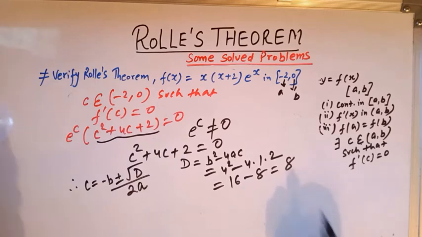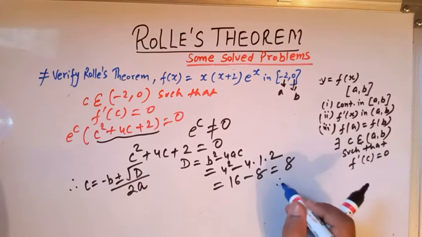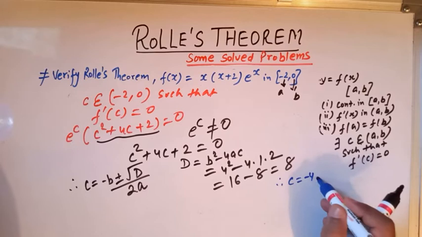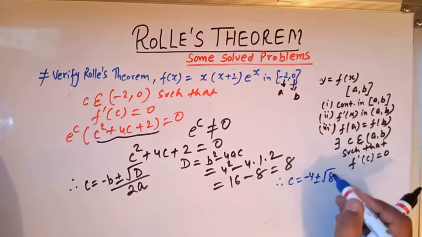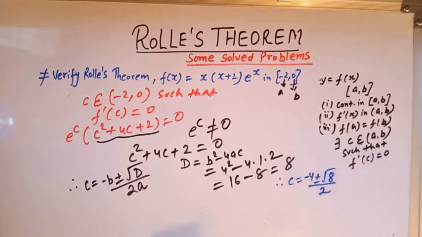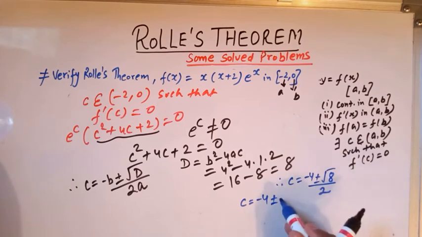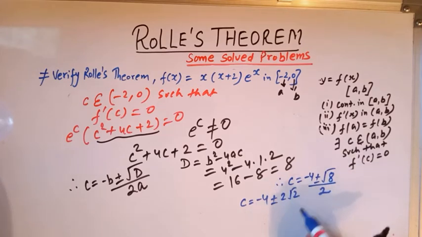So we can write here c is equal to minus b, that is minus 4, plus minus square root of 8 divided by 2. Clear? So here we can write c is equal to minus 4 plus minus, and 8 can be written as 2 square root of 2, and this is divided by 2.